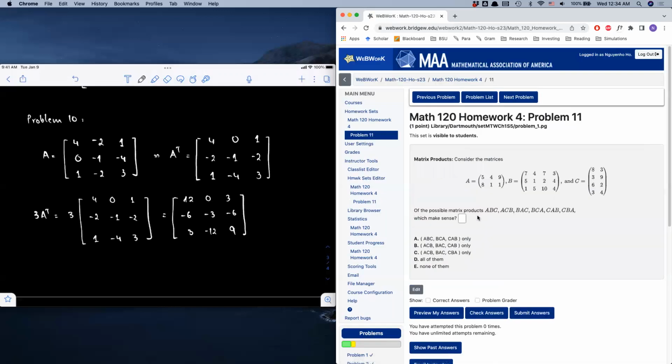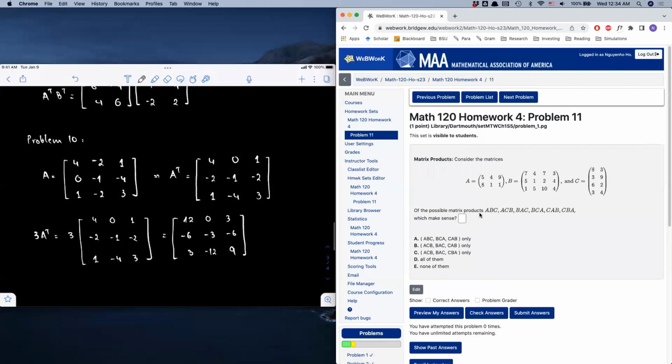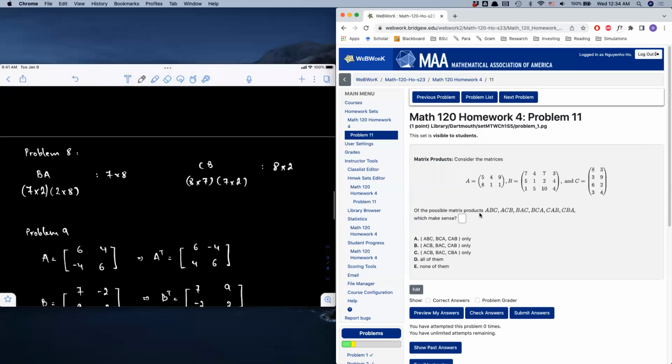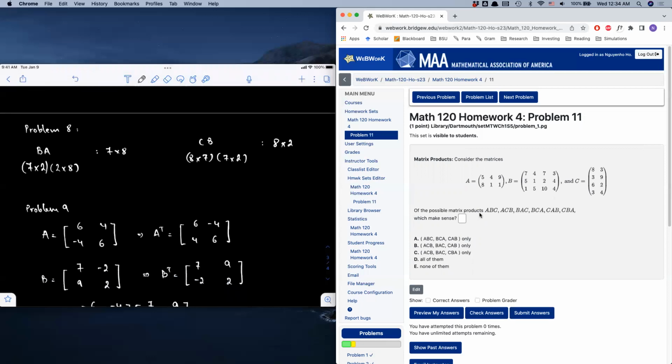Now move on to problem 11. Right, so we have done a similar problem in problem 8. So you have all possible matrix products, right? A times B times C, A times C times B, and so on and so forth.